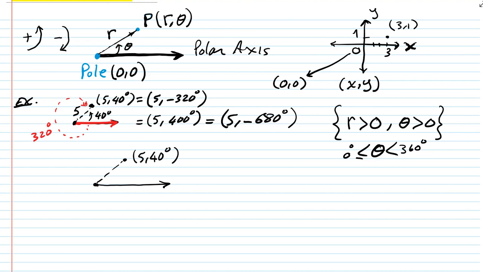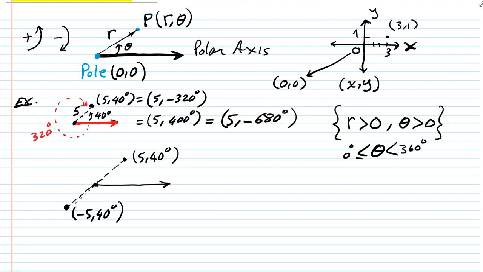If I want to plot the point negative 5 and 40 degrees, notice now r is negative. So what we do is actually reflect this point 180 degrees. If you reflect 180 degrees, this is the point negative 5 and 40 degrees. There you have it. That is how we handle negative values for r.